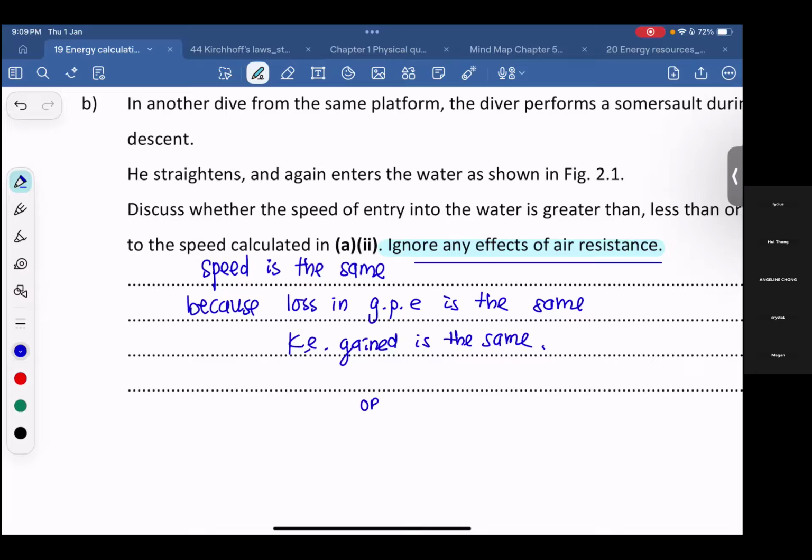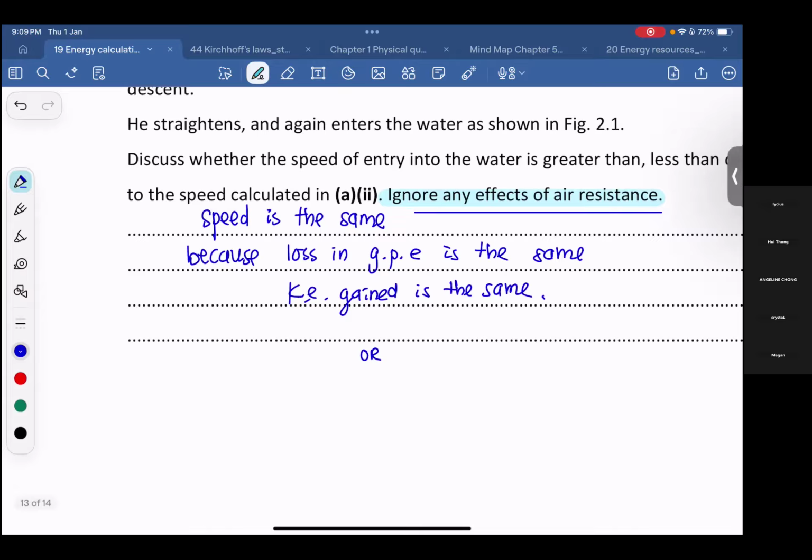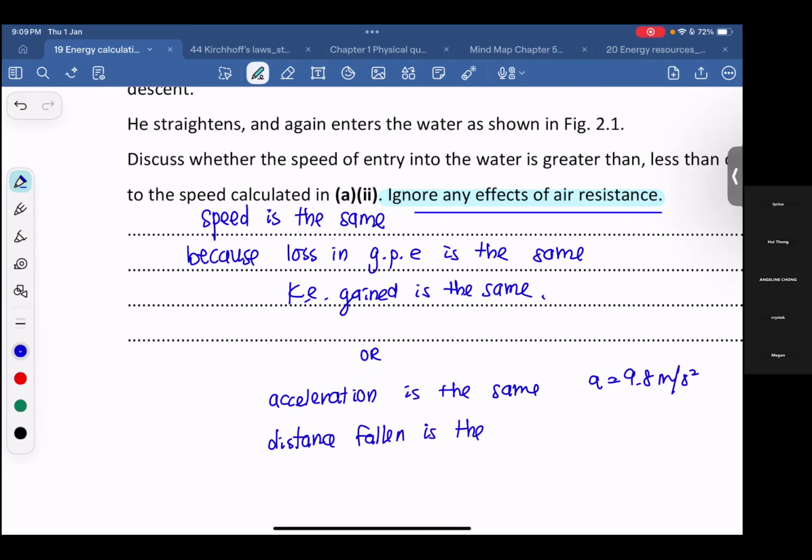Okay, another answer that is accepted is mentioning it in terms of force and motion. It says that acceleration is the same. They were falling down with acceleration 9.8 meters per second squared. No matter which case, both will be the same, 9.8. Okay, distance, therefore, is the same.